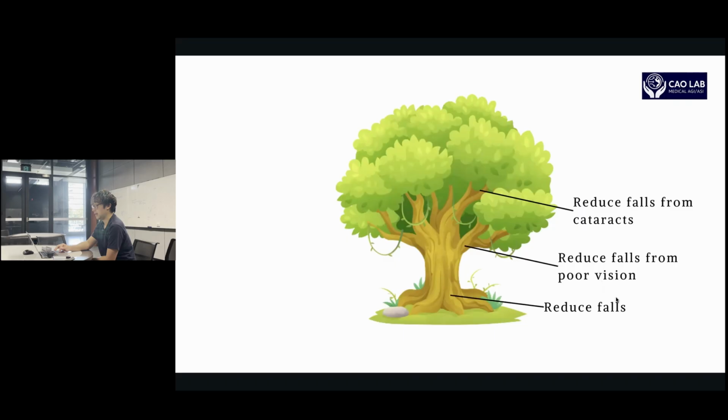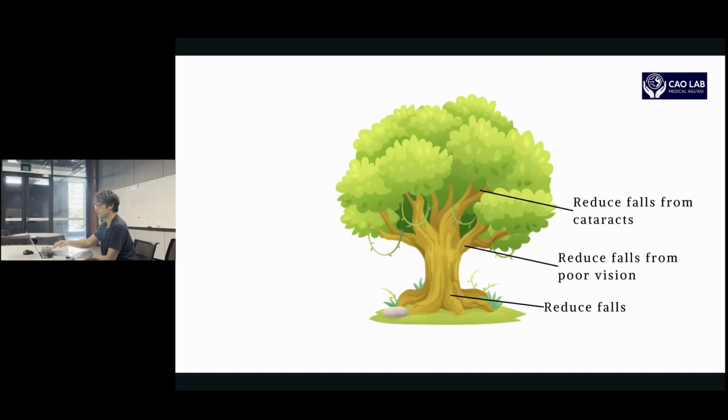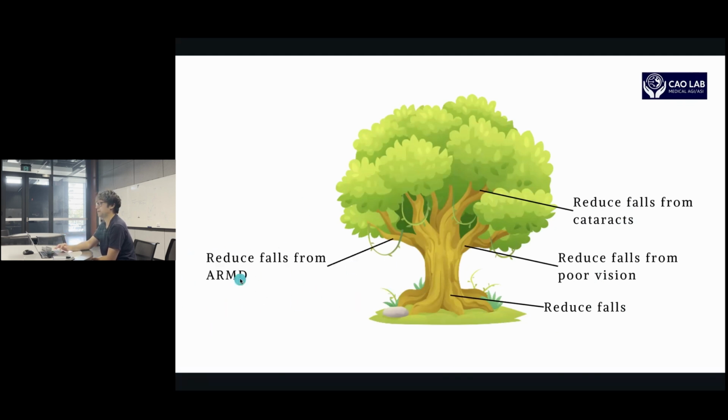A larger version would be to reduce falls, so falls from anything. And then a parallel version might be to reduce falls from age-related macular degeneration. You see how it's parallel in size to cataracts. Another parallel one here would be to reduce falls from slipping on the ground or incontinence, something much broader.